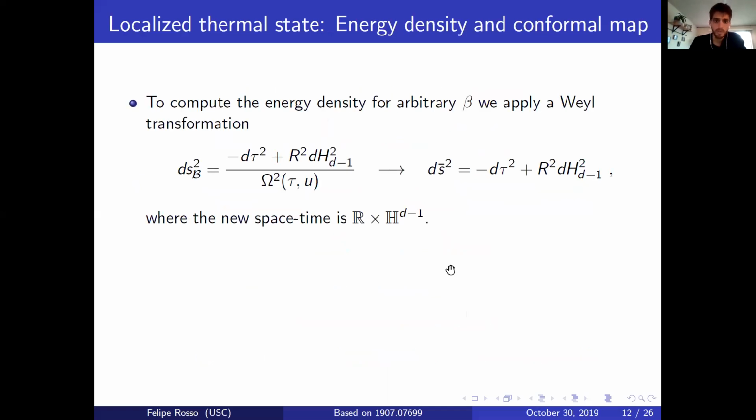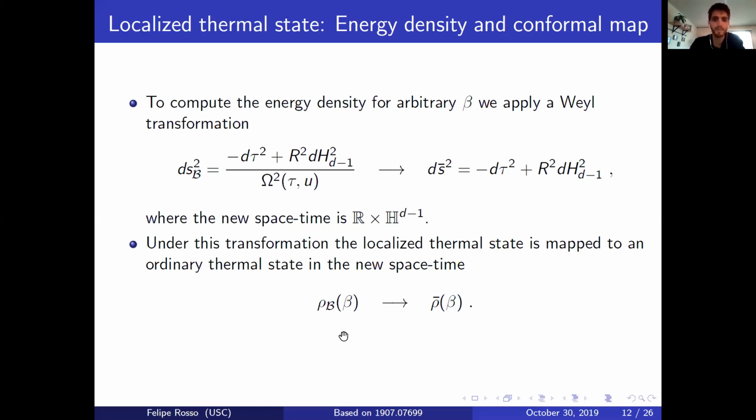The way in which we do that is the following. This is the metric that is describing the ball, the causal domain of the ball. And it is very suggestive to consider a conformal rescaling, which removes this factor over here, so that the transformed metric is this one over here, which simply describes a spacetime of R cross a hyperbolic plane. This is convenient. Why?